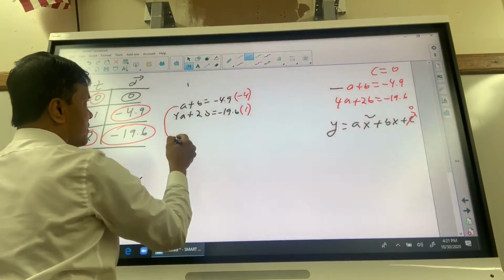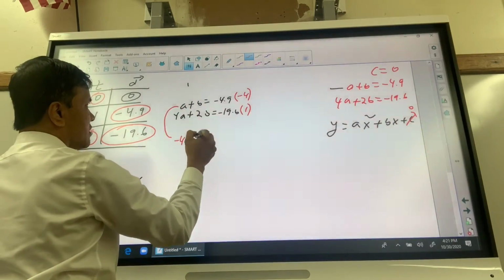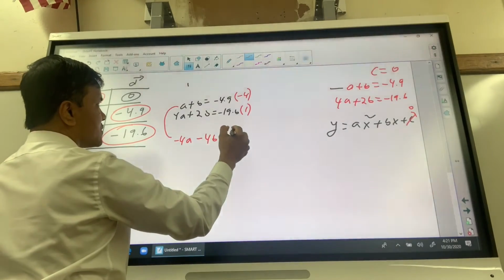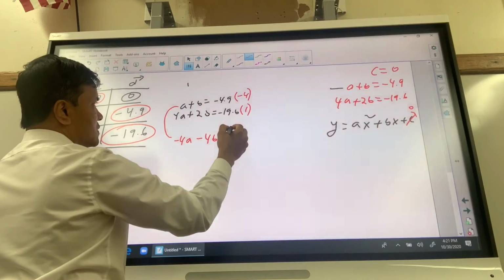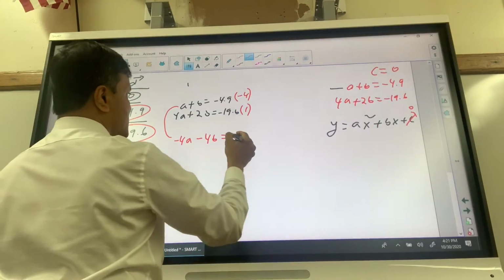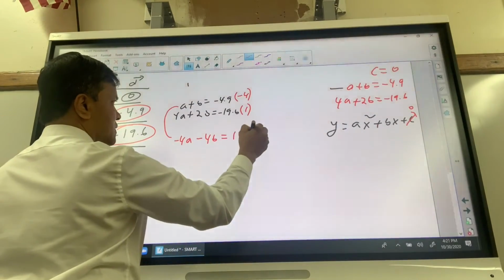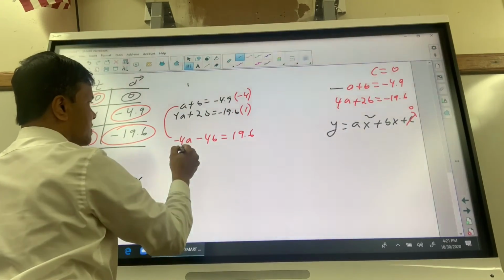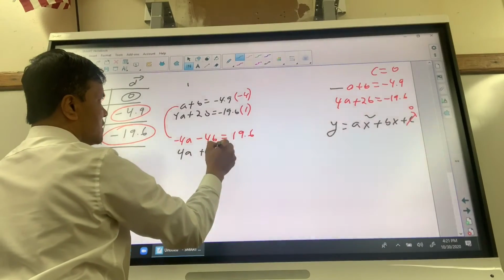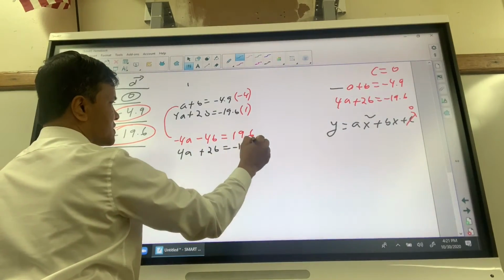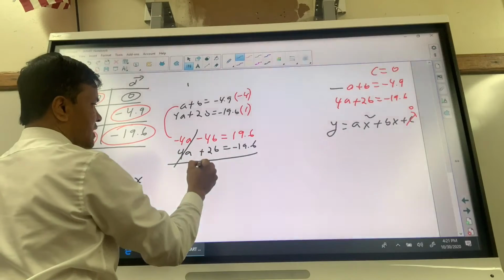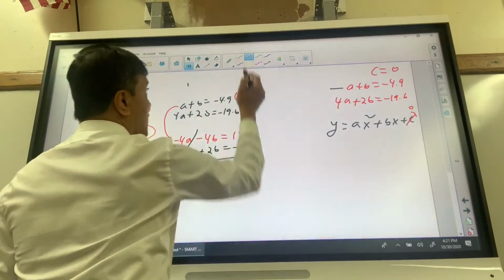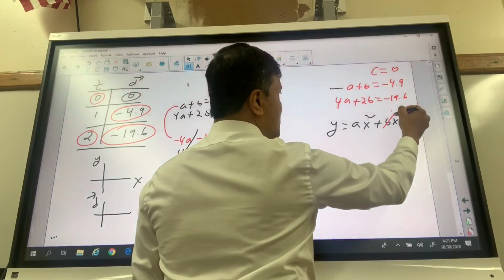This one is going to become negative 4a minus 4b is equal to 4.9 times 4, which is positive 19.6. And this one, if I multiply by 1, is going to be exactly the same: 4a plus 2b is equal to negative 19.6. Cancel, negative 2b is equal to 0. So b is equal to 0. Alright, voila. We know that b is equal to 0.